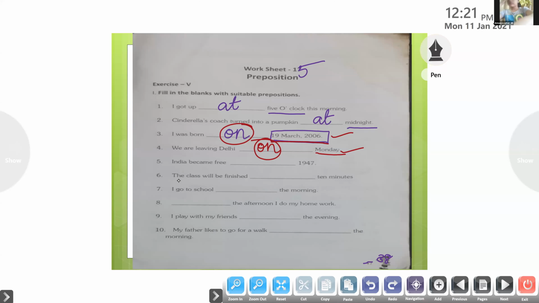India became free. 1947. Okay, 1947 is a year. So which preposition do we use? Ma'am, on. The year. So which preposition do we use? Ma'am, on. How come?